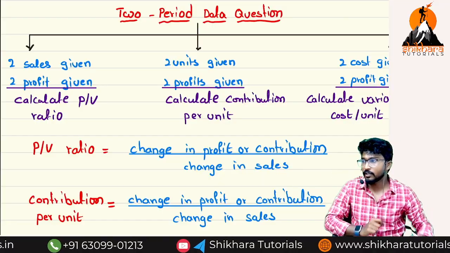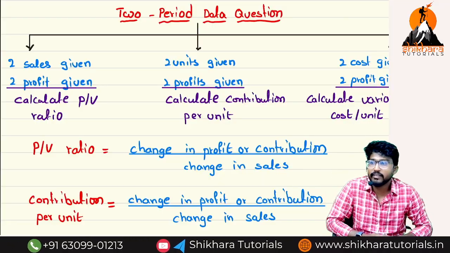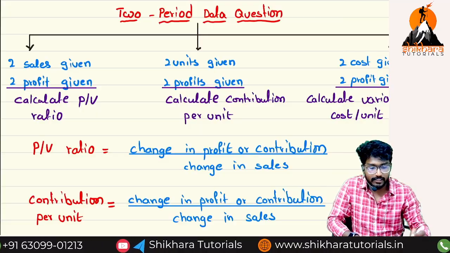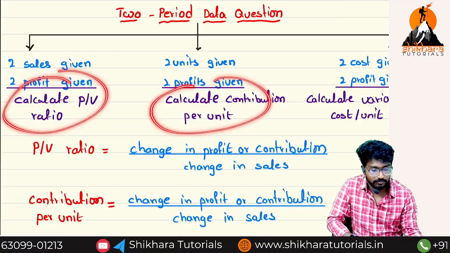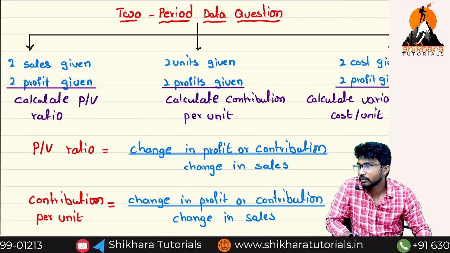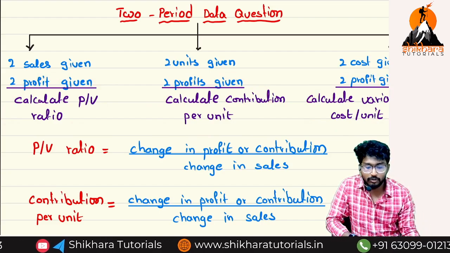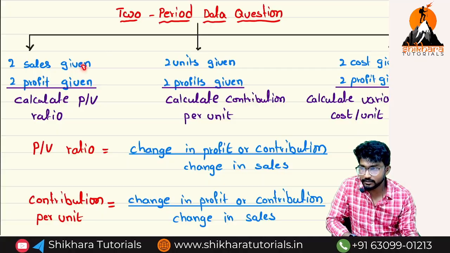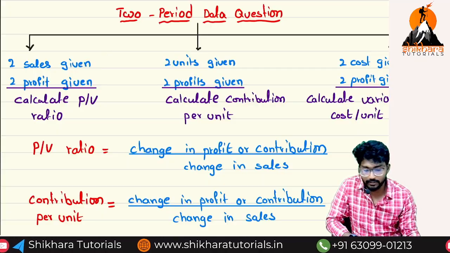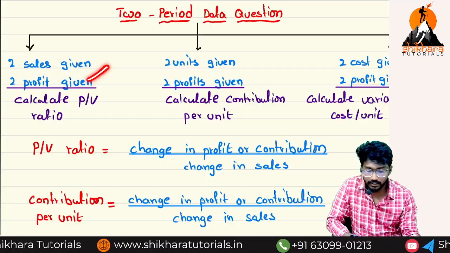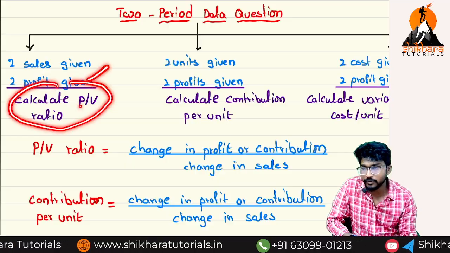Next, sometimes they give 2-period data and ask us to calculate these things. Sometimes they give 2 years sales data and 2 years profit data. Then it is possible to calculate PV ratio.